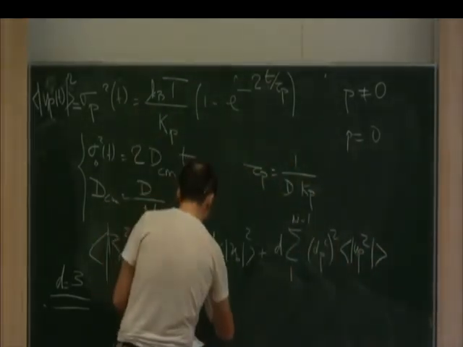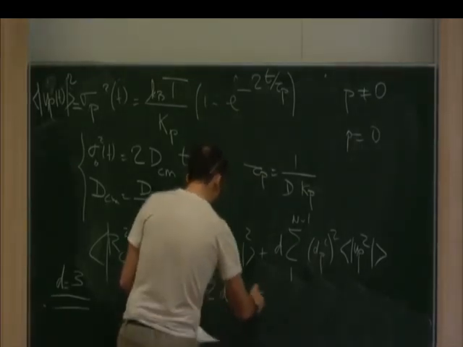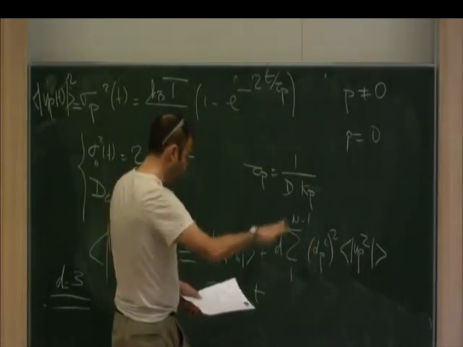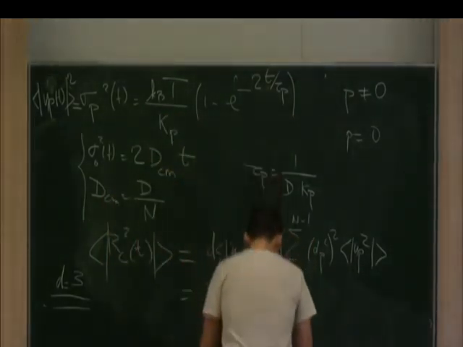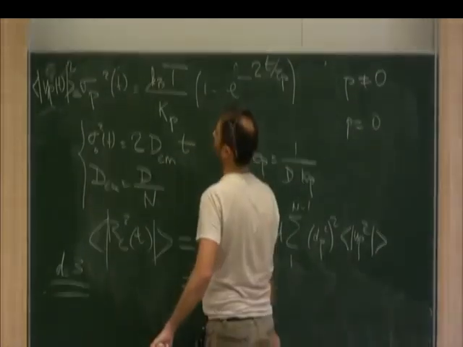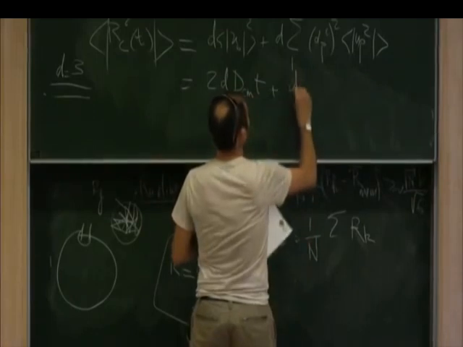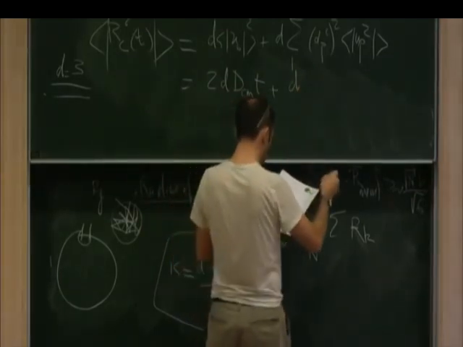So this is 2d times the diffusion coefficient of the center of mass times t. This is just the motion of the center of mass. And now we have to write plus d times the sum.